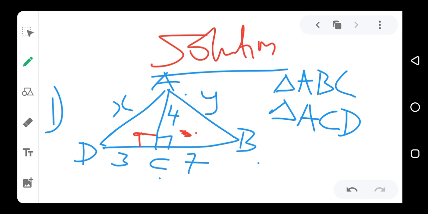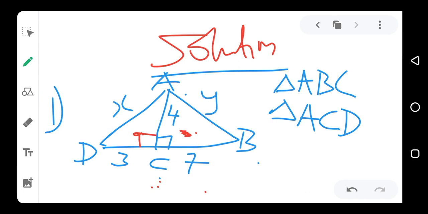Now for us to find the unknown side, we have to have 2 sides that are already known. So going to the triangles, let's look for the one that has 2 of its sides already known. For ABC, we know line BC is 7 and line AC is 4.